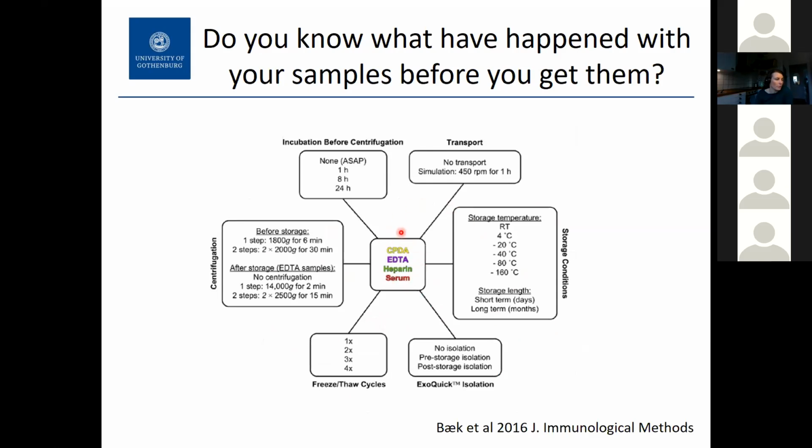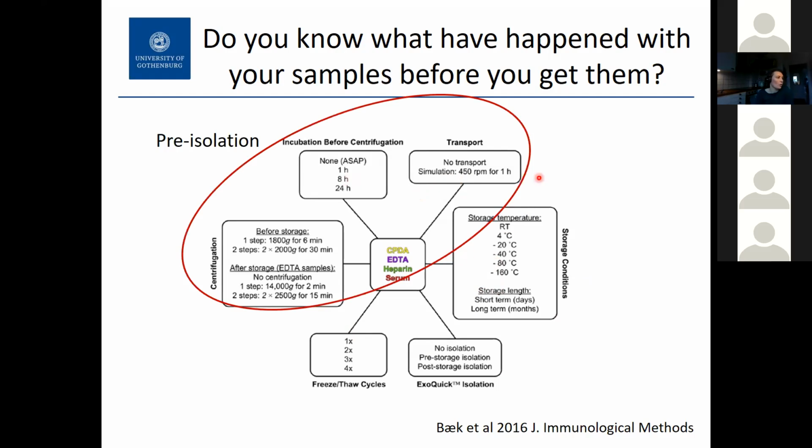If you use blood, you have several different, to start with, anticoagulants. Then how did you centrifuge to get your plasma and serum? How long was it standing before that happened? How was it transported? How was it stored? All of these things are pre-analytic factors. These are pre-isolation.